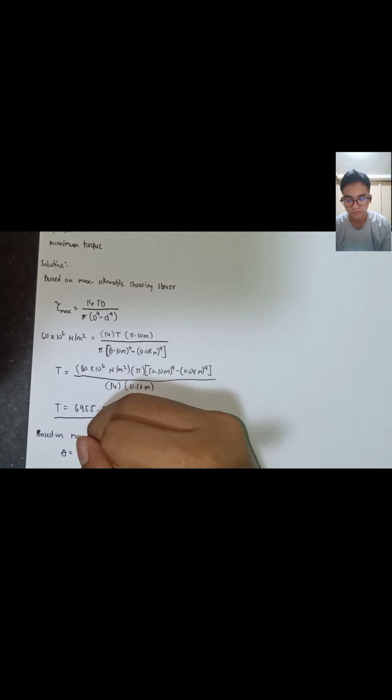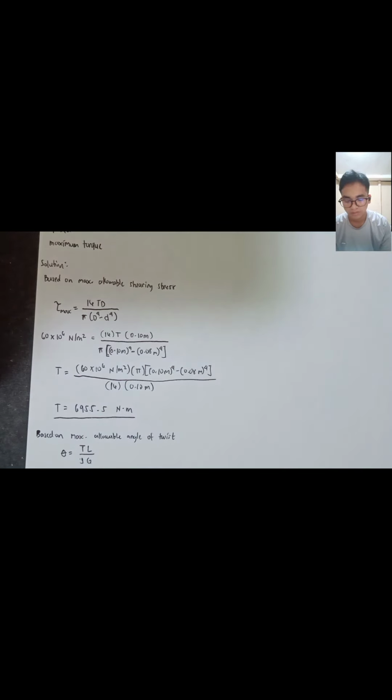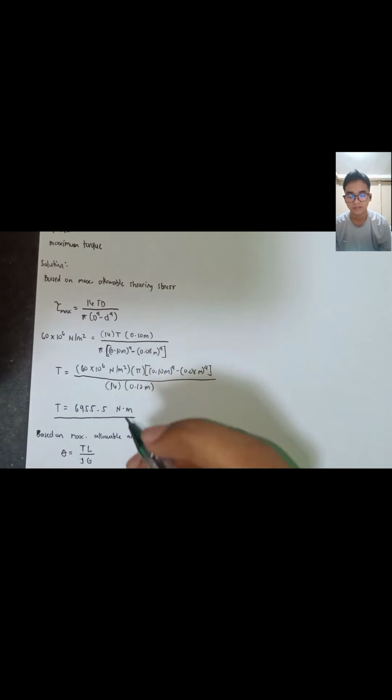So, ang formula natin dito is angle of twist is equals to torque times length over polar moment of inertia times modulus of rigidity. Yung J natin, ang polar moment of inertia, ang unit niyan ay meter raised to 4.